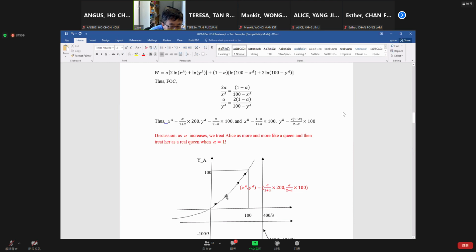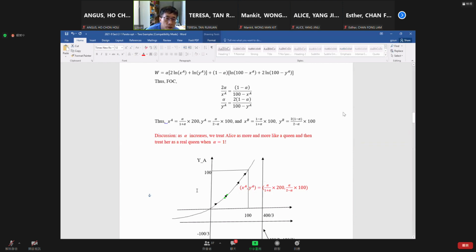Eventually, when alpha runs from 0 to 1, the curve runs through this part. This is the Pareto solution. So therefore, this method is very simple, but also makes a lot of sense. And one natural byproduct is the Pareto set.